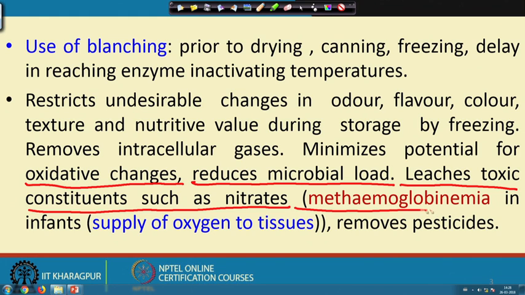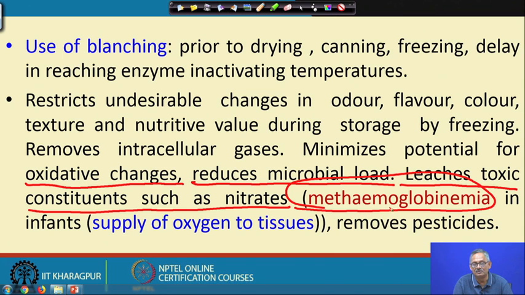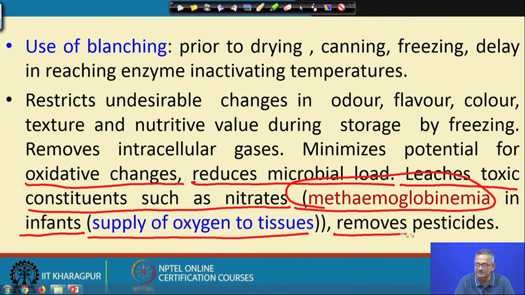So, this is a compound which is very detrimental, causing methemoglobinemia. So, this is very toxic in the stage of infant, where supply of oxygen to the tissues is getting affected, right. And it also removes pesticides if they are associated, right.